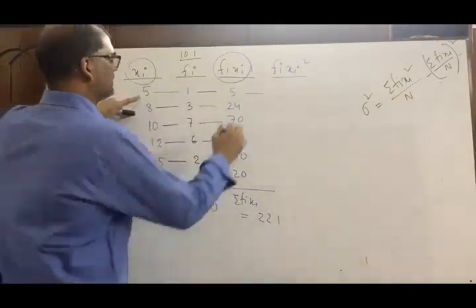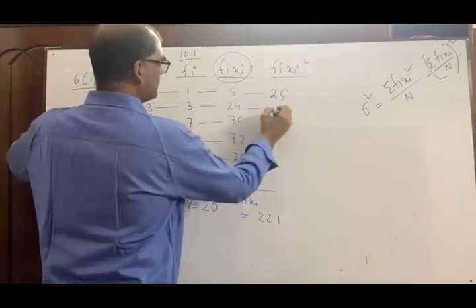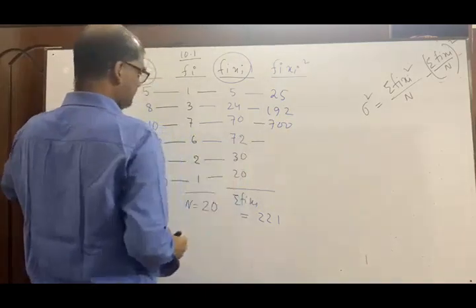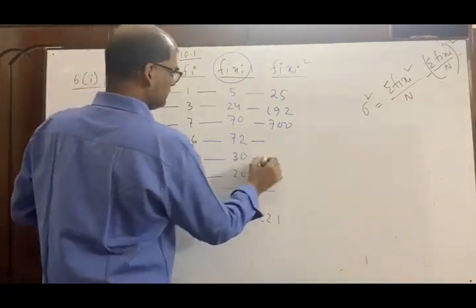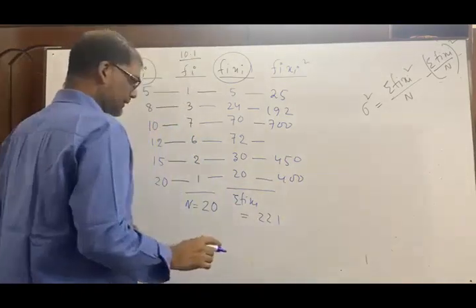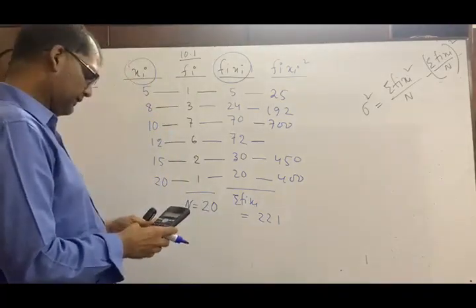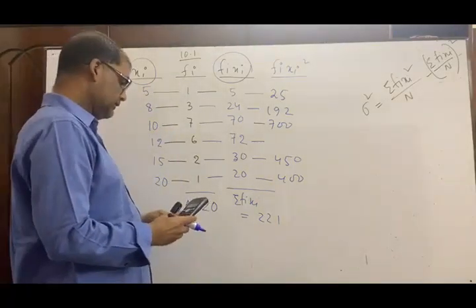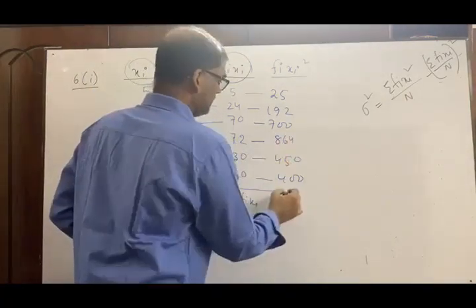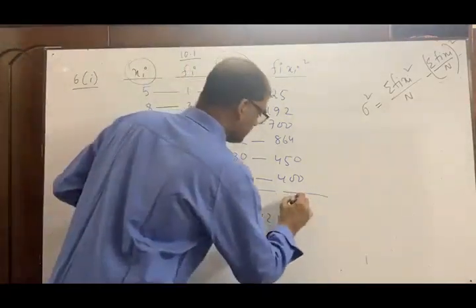So it is 25. This is 192. 700. This is 450. This is 400. 12 into 72, that means 72 into 12, is equal to 864. And you calculate summation fi xi square.